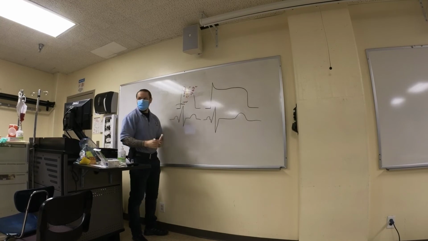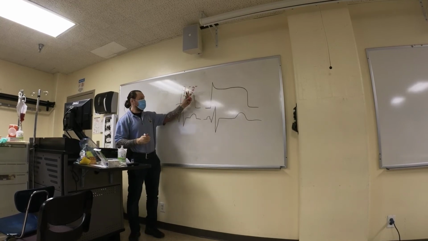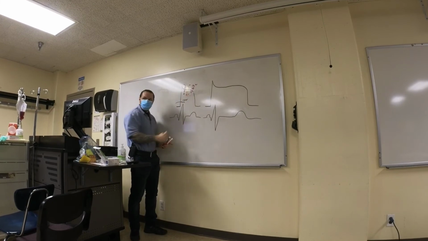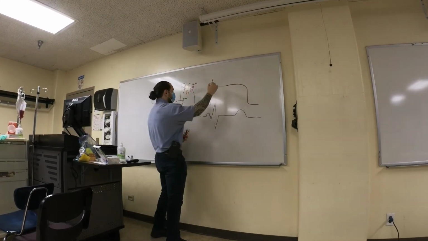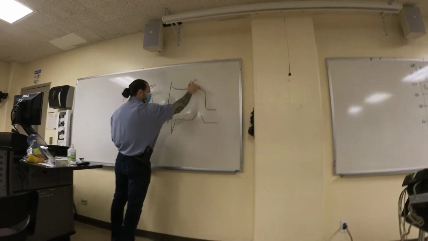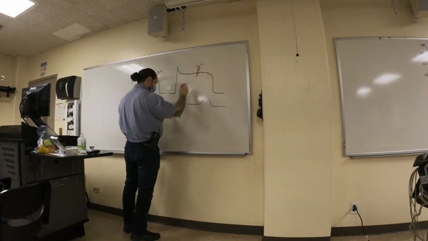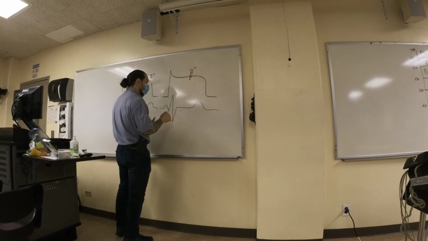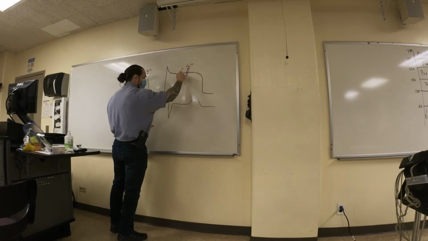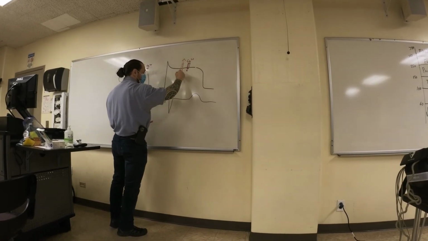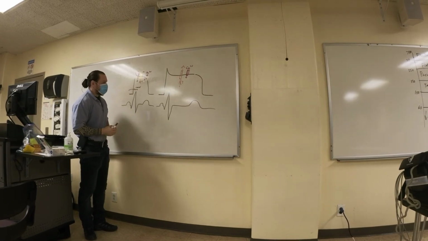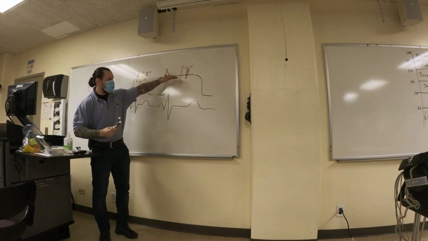Everybody see that? After a while, these calcium channels close, there's more potassium efflux, and this goes down. Make sense? But now look here. We have, again, these calcium channels here. Calcium is coming in, and potassium is leaving. But because of this prolonged period, there's more calcium that's now inflowing.